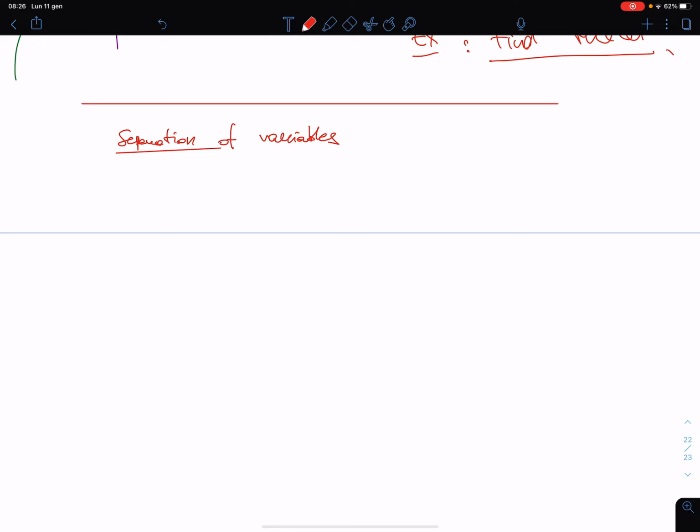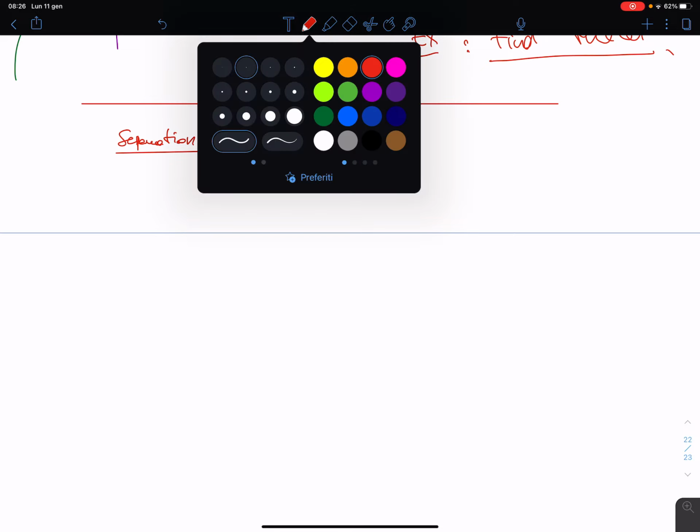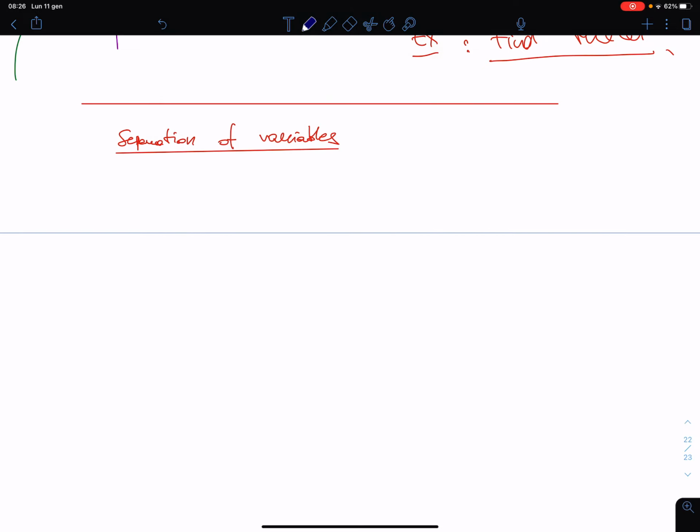But for us, separation of variables will be treated in the following case. We consider a first order ODE of the form y prime is equal to g of y times h of t. So it is the product of two functions, okay?